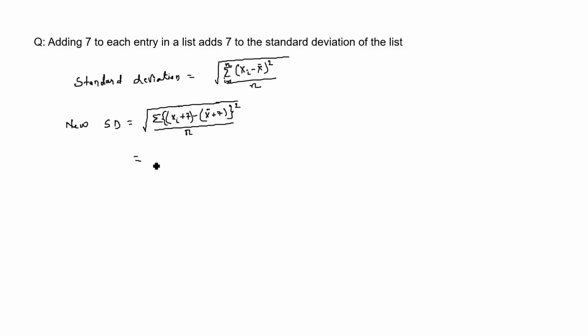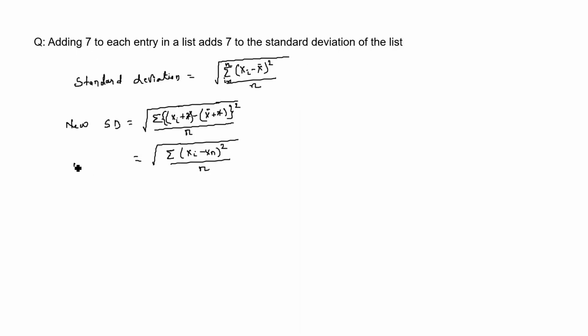From here, the 7 and the minus 7 cancel out, so we get the same result: xi minus x mean squared divided by n. From this result we can say that if we add 7 to each entry in a list, the standard deviation will remain unchanged.